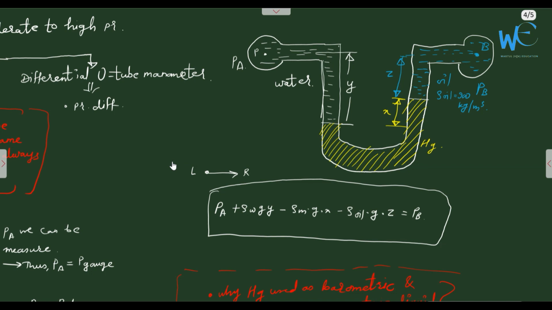If we are going to measure the pressure difference between two points of the same liquid, then you will observe two liquids only: first the manometric liquid, and second the liquid you are measuring. Otherwise, you will observe three liquids when measuring the difference between two points or two liquids.